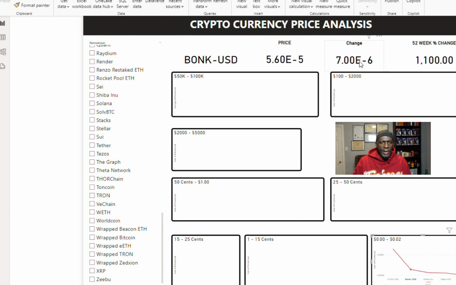So that'll be minus 0.000007, and the price is actually 0.00005, because we're going back 4 places past the 5 for the price of Bonk, and the change is 6 places past the 7 for the change. So what is that telling us? That's telling us we can buy cryptocurrency for less than a penny.